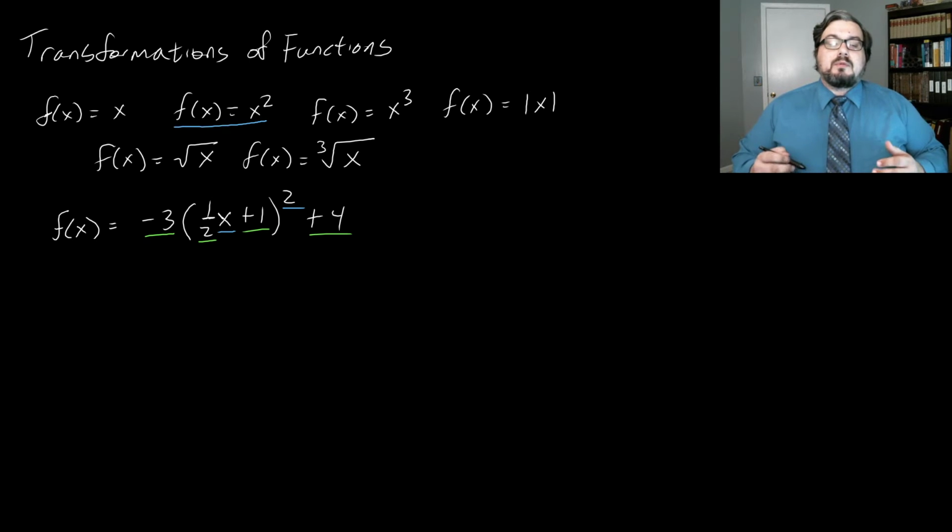And our goal for today is to understand how all of these different changes that you can make to these functions affect their graph. What does multiplying this -3 factor in the function do to the graph? And what does adding 4 do, and adding 1 and multiplying by 1/2, and so forth and so on. And so that's going to be our goal for today.